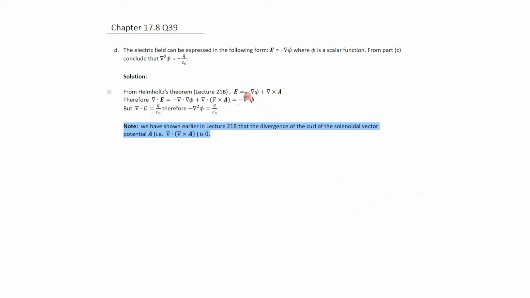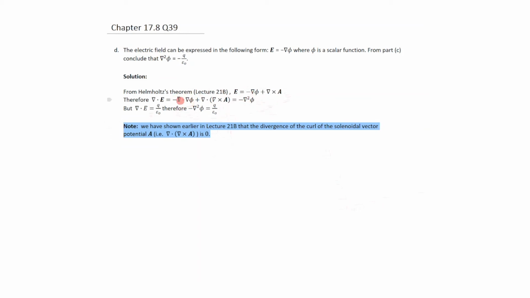And this is linear, so you can take the divergence of this expression plus the divergence of this expression. That's minus divergence of grad phi plus divergence of the curl of the vector potential A. But we also know from lecture 21b that the divergence of the curl of a vector potential is equal to 0. So if it's source-free, the divergence equals 0, which means that we're left with just minus del squared phi.